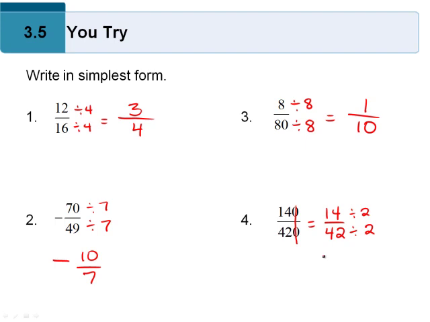So 14 divided by 2 is 7. And 42 divided by 2 is 21. Now, 7 goes into both those. So if I divide by 7 on the top and bottom, I'm going to get 1/3. Okay? So, like I said, just keep reducing until you get down to the simplest form. That's the whole idea.